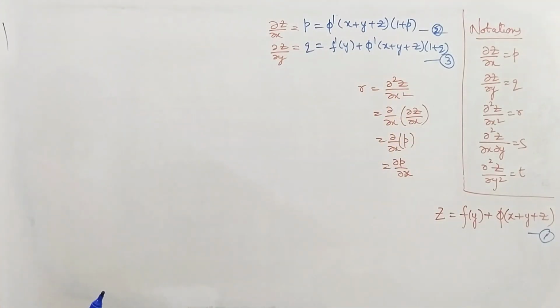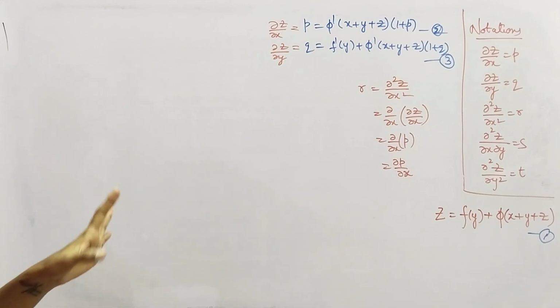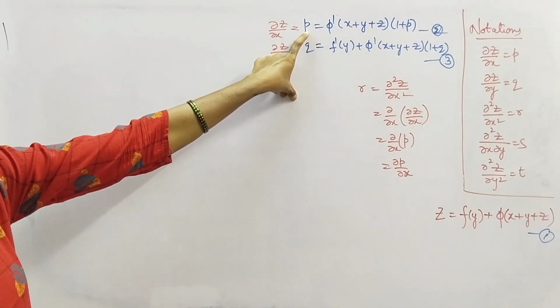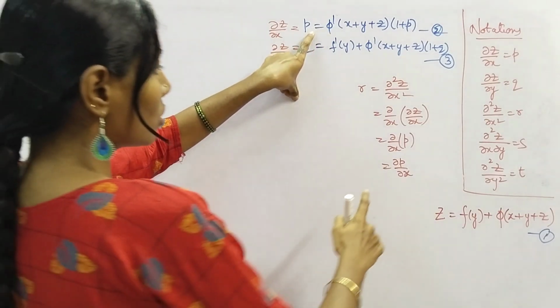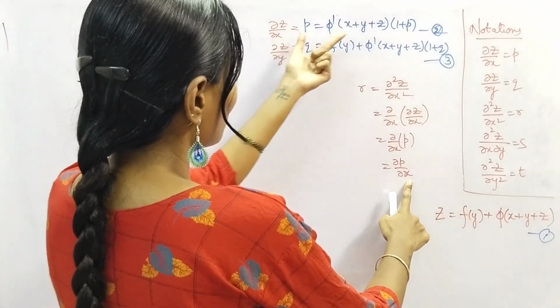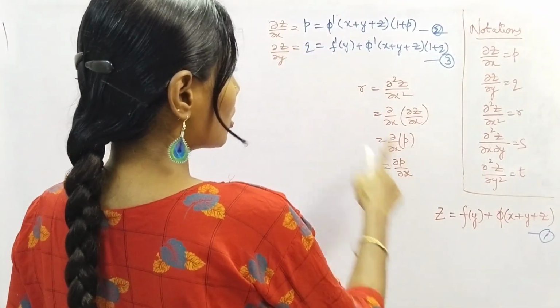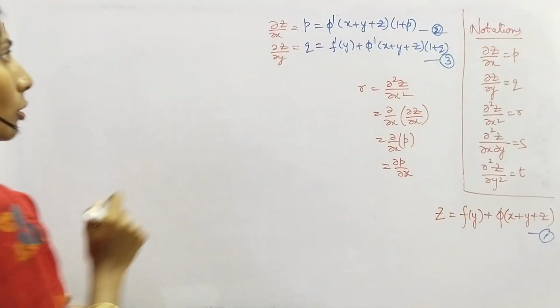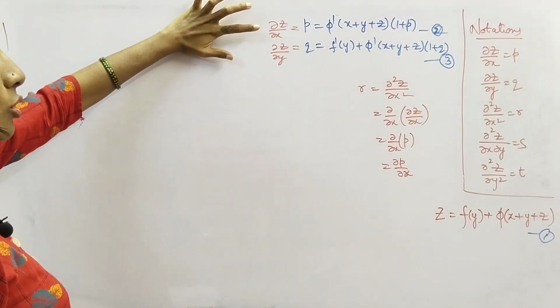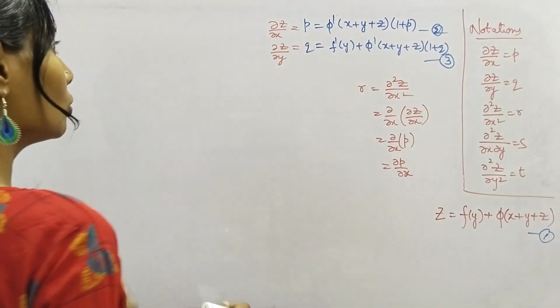Now, in order to find equation involving r, what you have to do is just observe the equation involving p. So this is the equation involving p, right? Now, by partially differentiating equation 2 with respect to x gives the equation involving r. So what we have to do now is we have to partially differentiate equation 2 with respect to x.